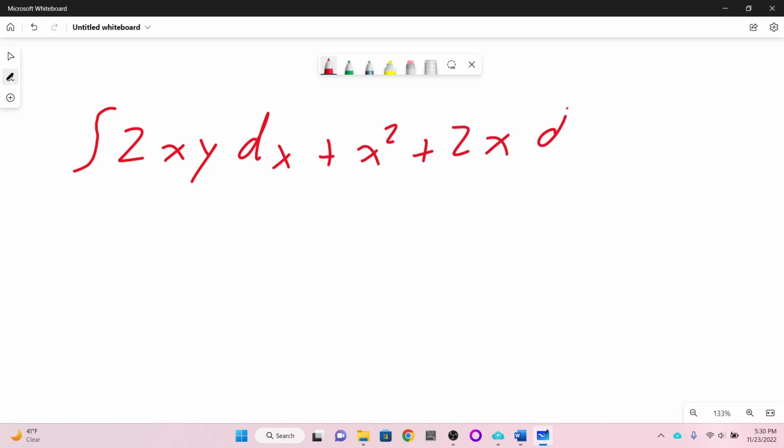I want to show a couple examples of how you can do ones that are not simply connected. So let's say we have 2xy dx plus (x squared plus 2x) dy.